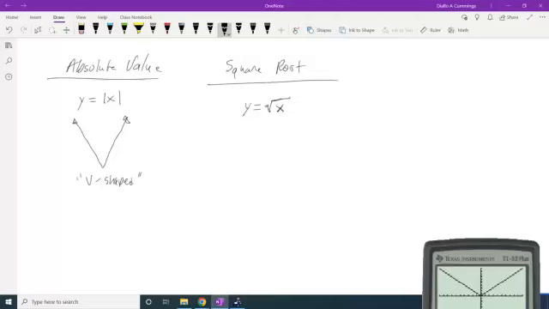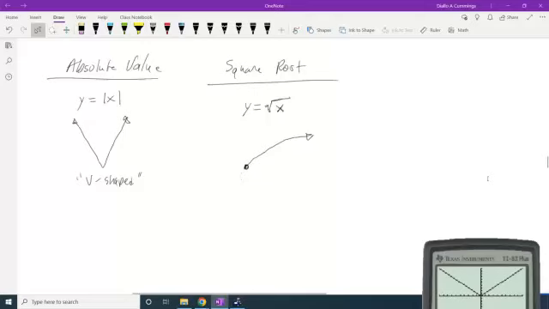And if you graph a square root function, it looks something like this. It keeps on rising slowly, slowly, slowly, but it stops at a point.